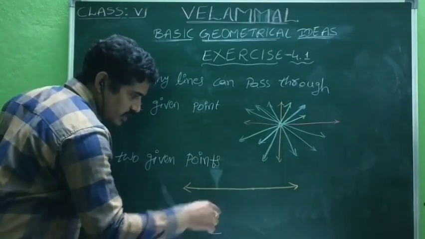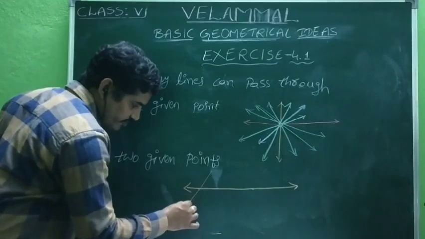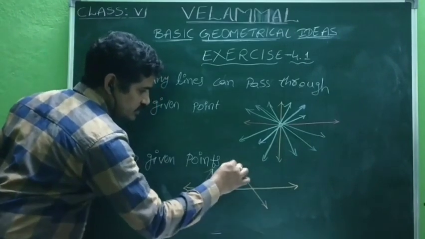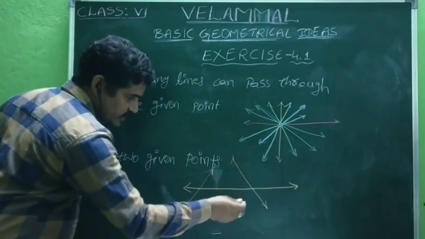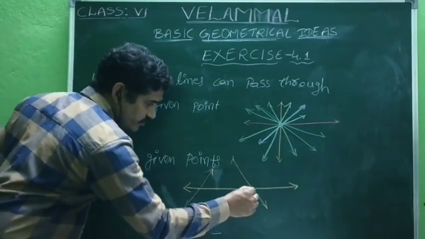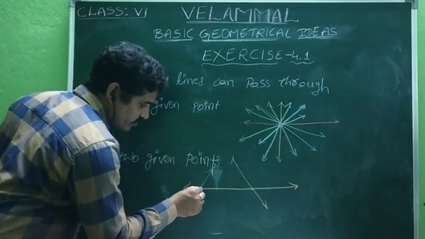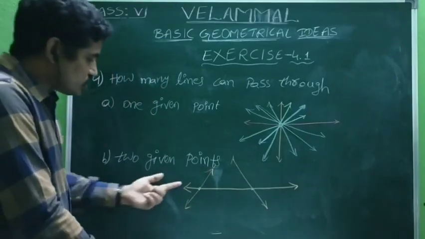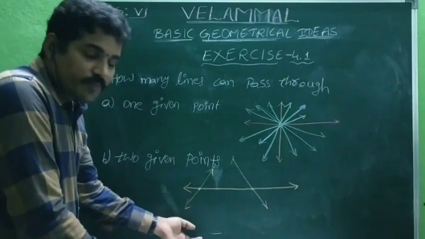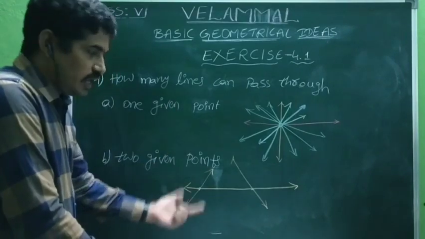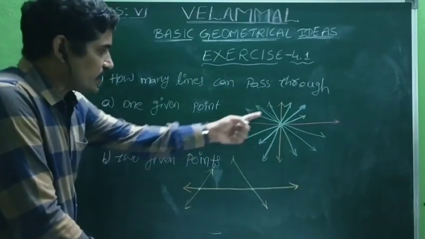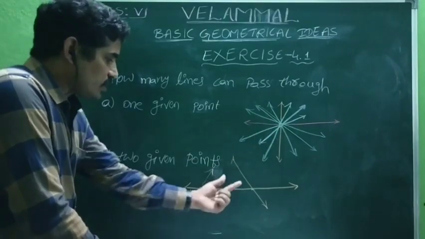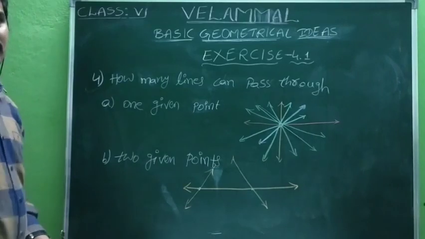If we want to draw another line, if it comes like this or like this, these lines are not passing through the given points. So from any two given points we can draw only one line. From the given one point we can draw infinite number of lines, and from the given two points we can draw only one line.